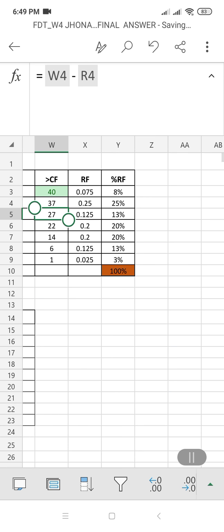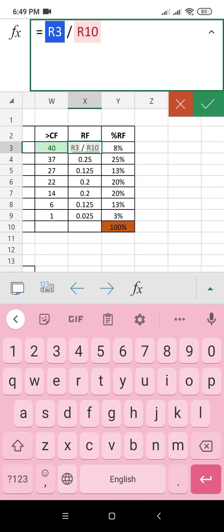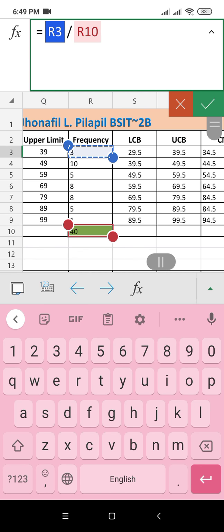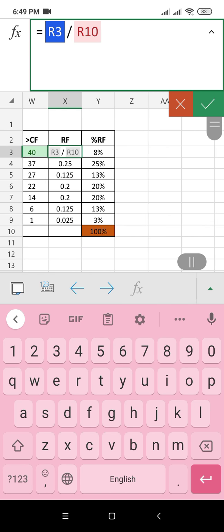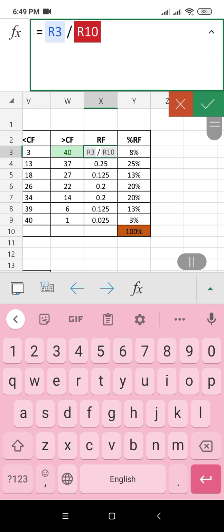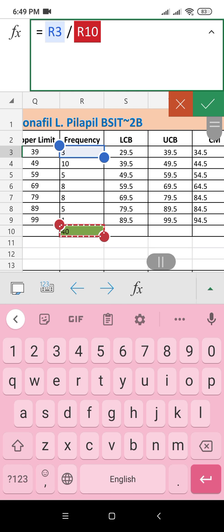Then next is the RF. In getting the RF, you divide the frequency by the total frequency.